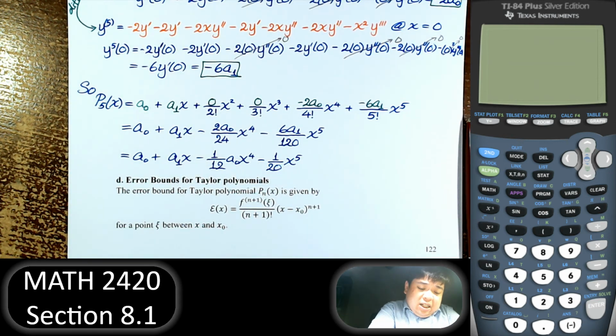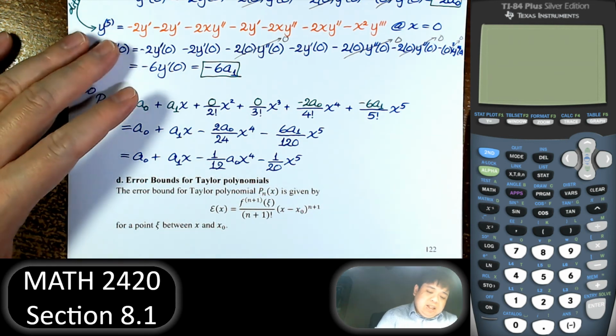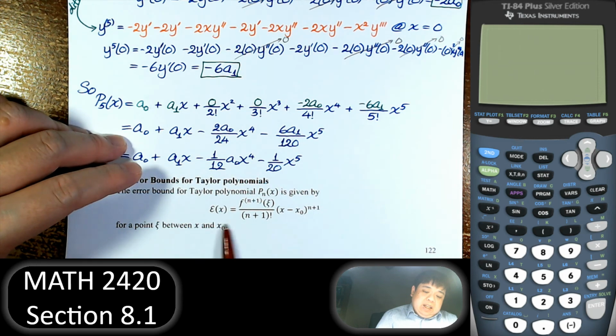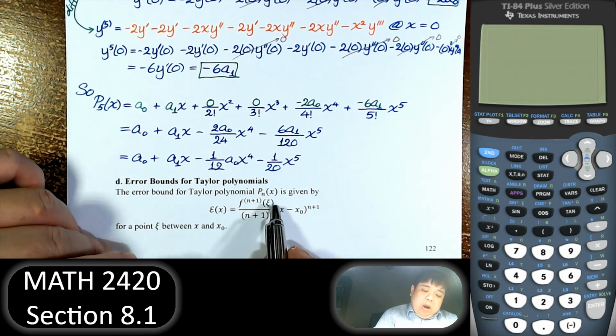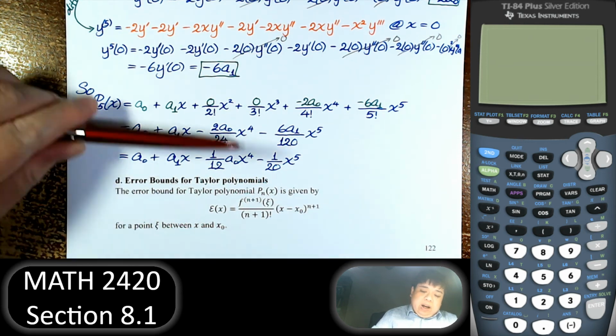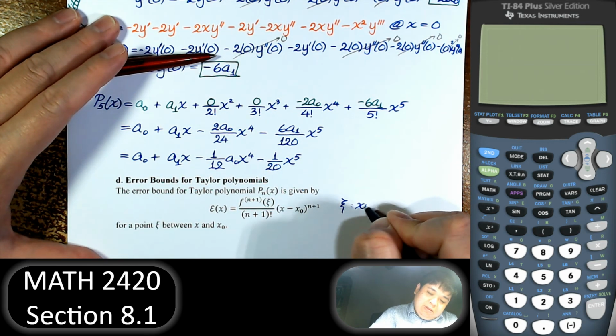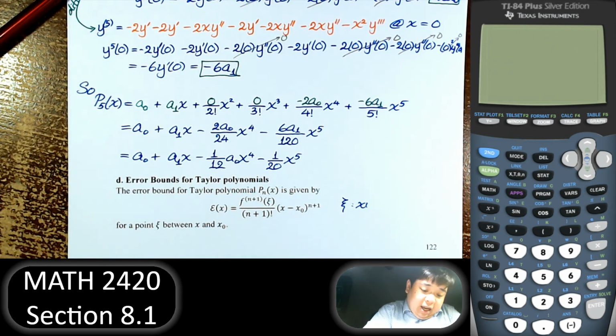Right, and in this section there is a little theorem. It says that the error bound for the Taylor polynomial is given by that, where this is the Greek letter xi.